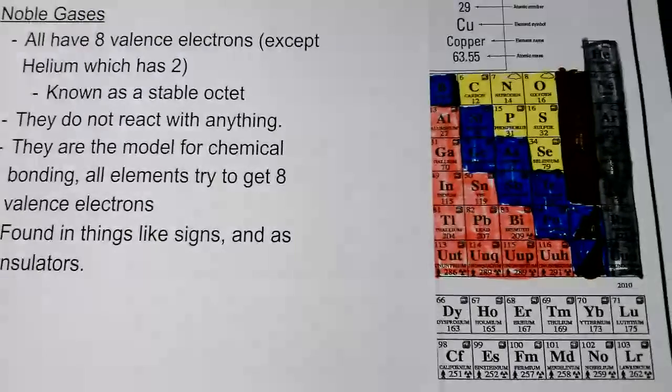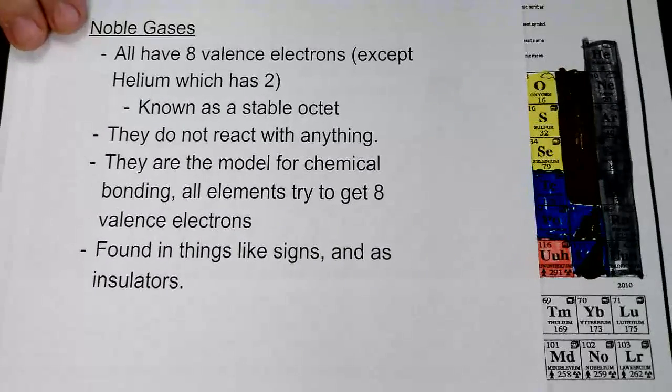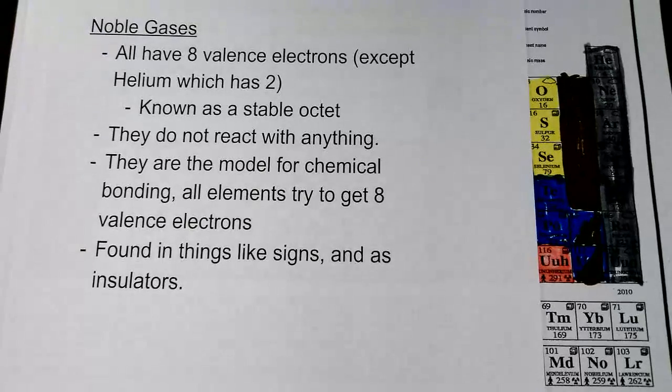The noble gases all have 8 valence electrons, which makes them very stable, except for helium. Helium only has 2. They don't react with anything. They're the model for chemical bonding. All elements try to get to 8 valence electrons.